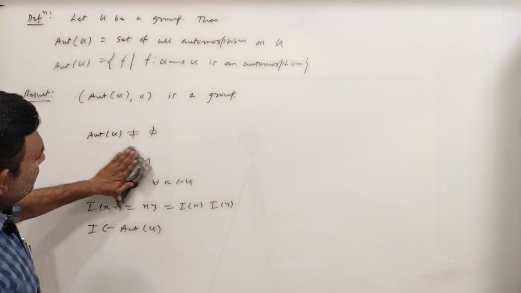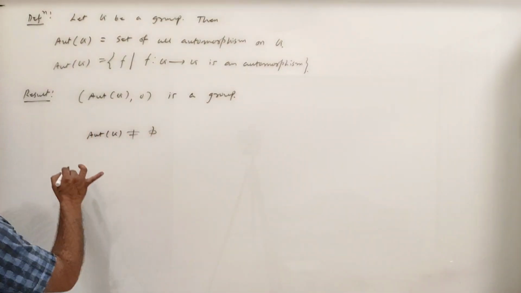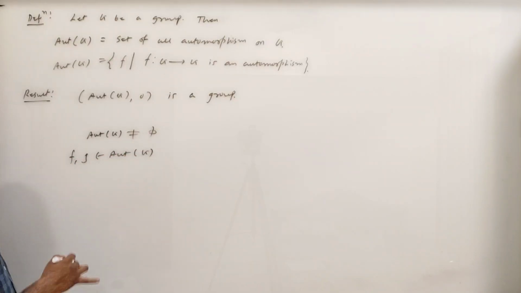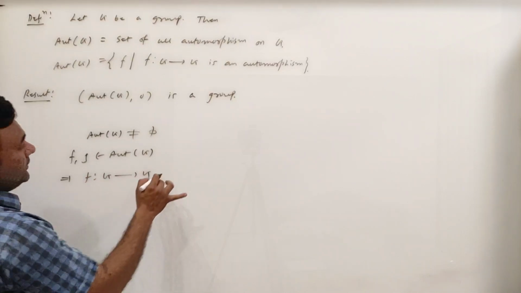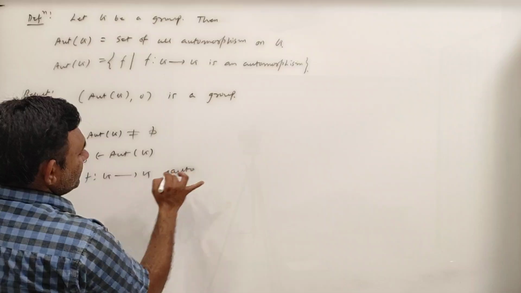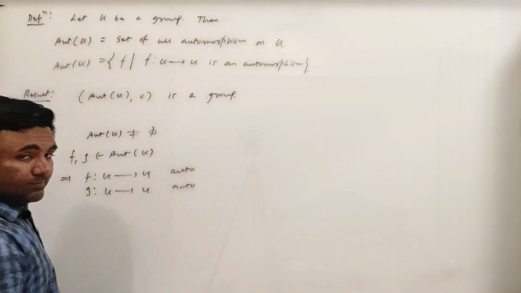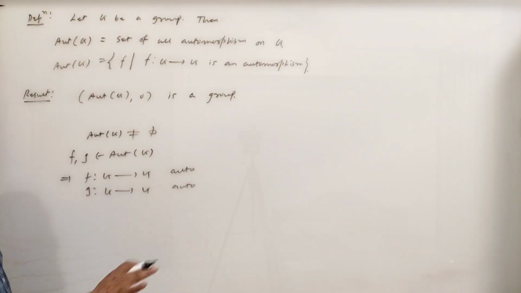Now you take any two elements f and g from Aut(G). It means f is a mapping from G to G and it is an automorphism, and g is a mapping from G to G and it is also an automorphism.